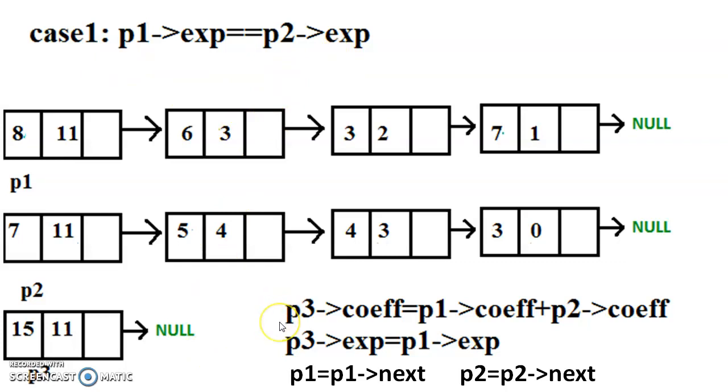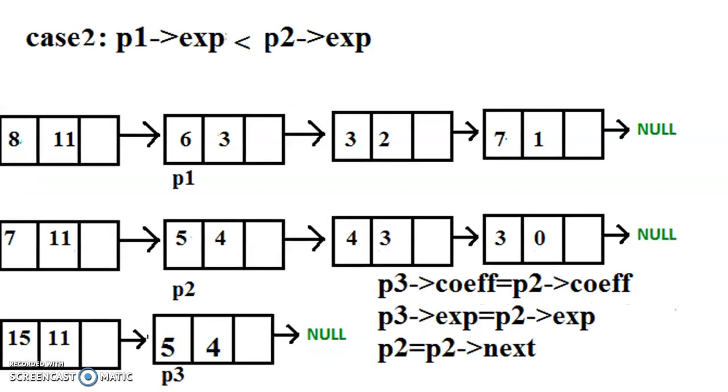Then P3 of coefficient is P1 of coefficient plus P2 of coefficient, and P3 of exponent can be anything, P1 of exponent or P2 of exponent. Then, these two terms being over, P1 goes to the next term and P2 goes to the next term. So these are the activities that we perform whenever the P1 exponent equals the P2 exponent. The resultant term consists of P1 coefficient plus P2 coefficient as the coefficient and P1 exponent as the exponent. This is case 1.